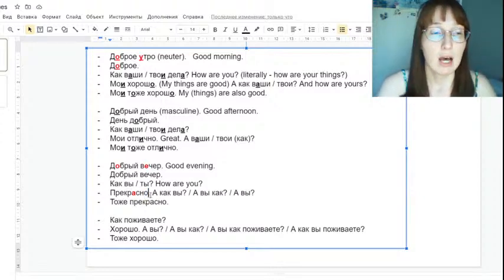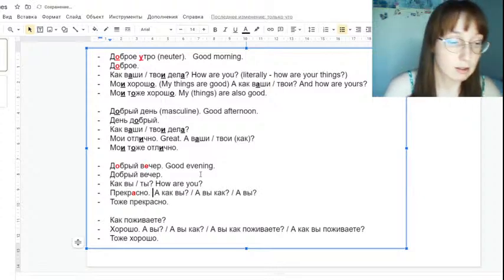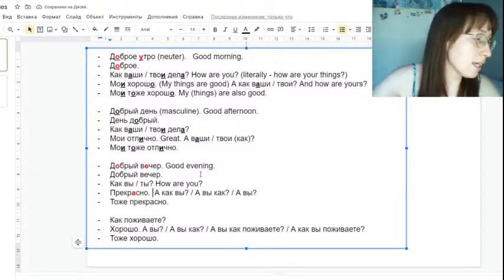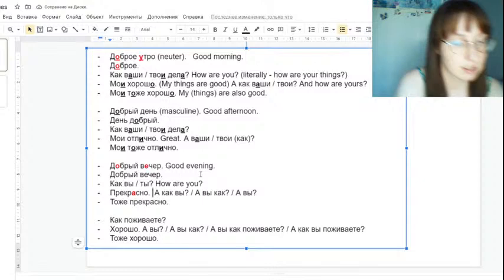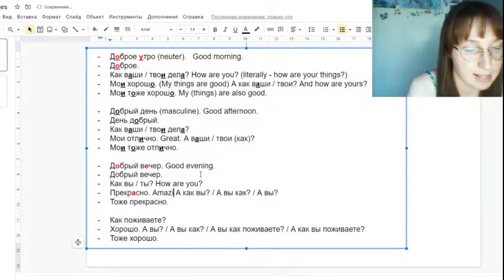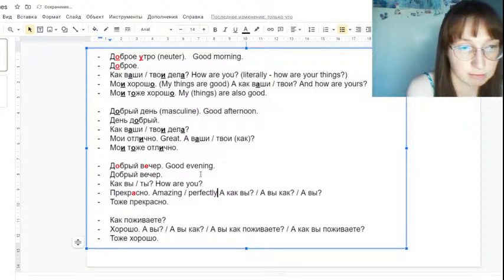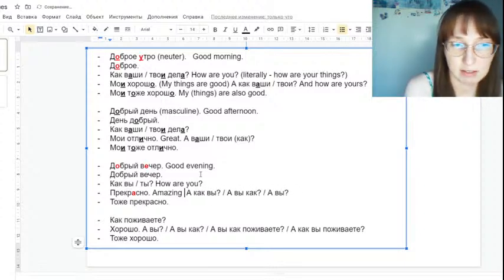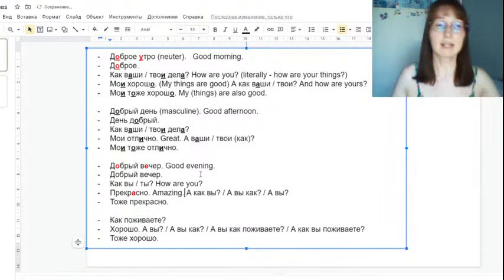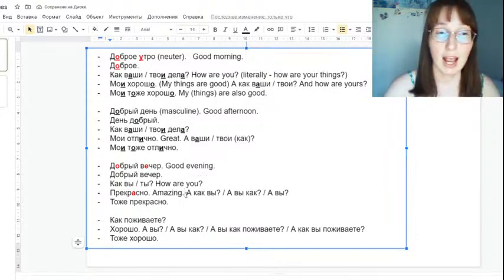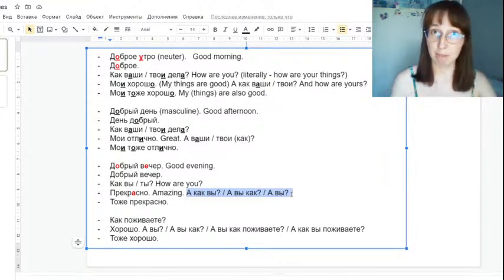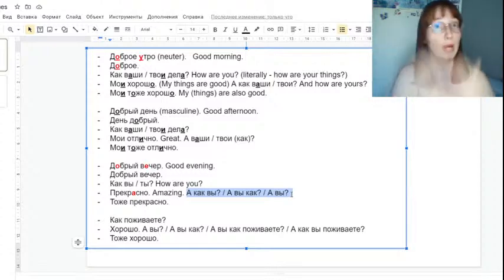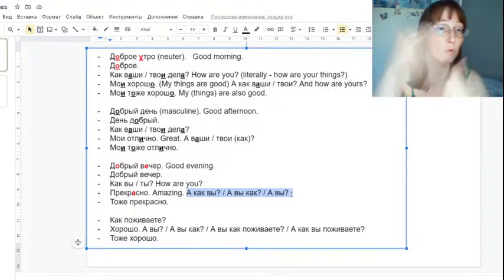Прекрасно means amazing, perfectly. I think amazing is better. Прекрасно. And then a question back can be really different because we can replace the words.